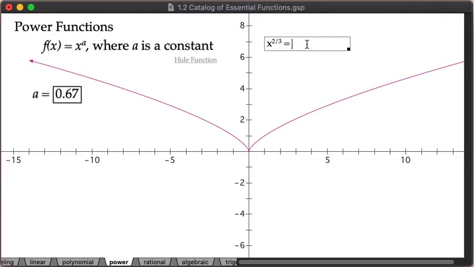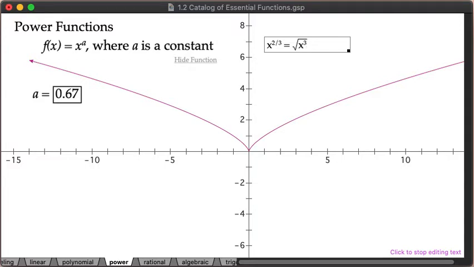Those fractional powers actually mean roots. I think this particular program that I am using does not give me a way of writing cube roots, but I'm going to do this. This is the cube root of x squared.